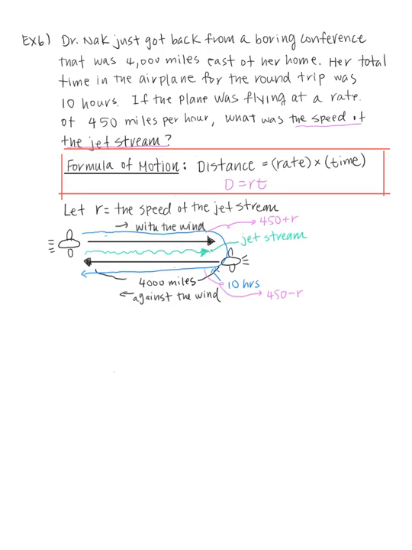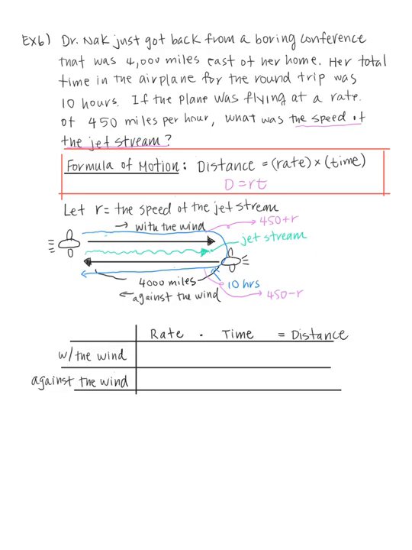Now, when I do problems like this, I usually write down the chart just to keep it organized. So let me draw out the chart. Now the top box is the box for traveling with the wind, and then the second box is for traveling against the wind. And above it, all I did was write down the formula of motion.